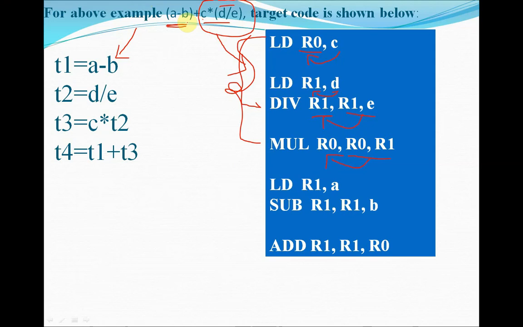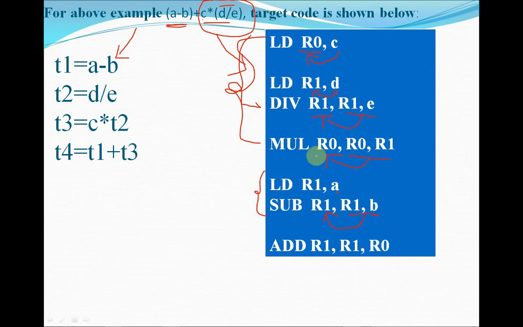Next I have to compute a minus b and add this to the final result. So a minus b is coded here. Load a into r1 and subtract b from r1, means r1 minus b, and store the result into r1. Then add these two, the earlier result and this one.